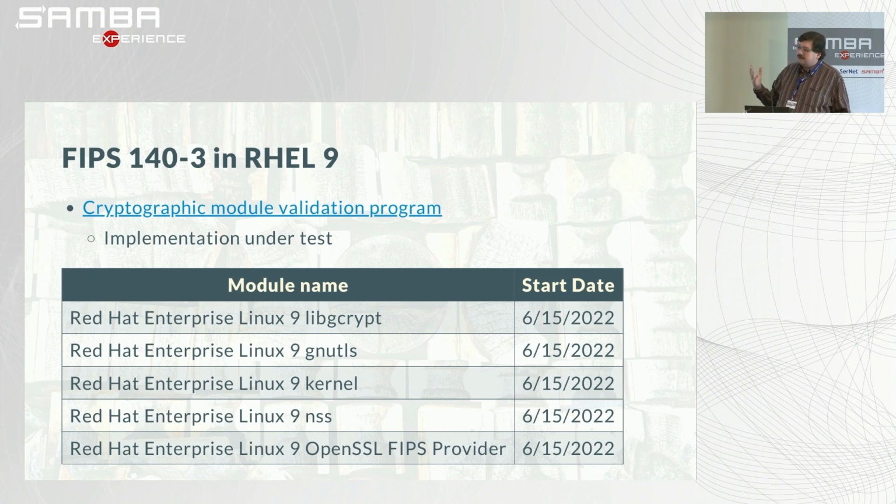Each vendor chooses which laboratory to use to do these certifications. There are certified laboratories. They perform operations on behalf of NIST, and they go back and forth with the vendor fixing problems. In the best cases, this goes back to the distribution maintainers. They have to fix problems.